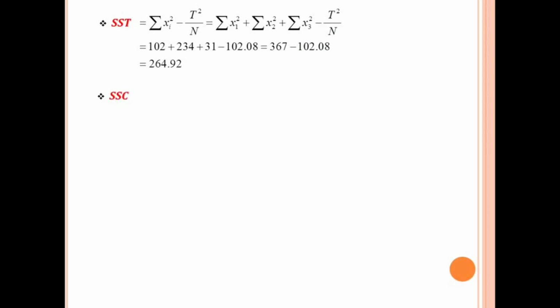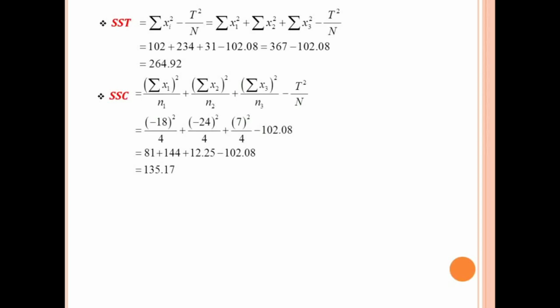Next, we find SSC. SSC is nothing but the sum of squares column wise. We know the sum of squares of columns is sum of x1 square by n1, sum of x2 square by n2, sum of x3 square by n3, minus the correction factor. Here, n1 is nothing but the sample size in treatment A, that means engine 1; then the sample size in engine 2, and the sample size in engine 3.